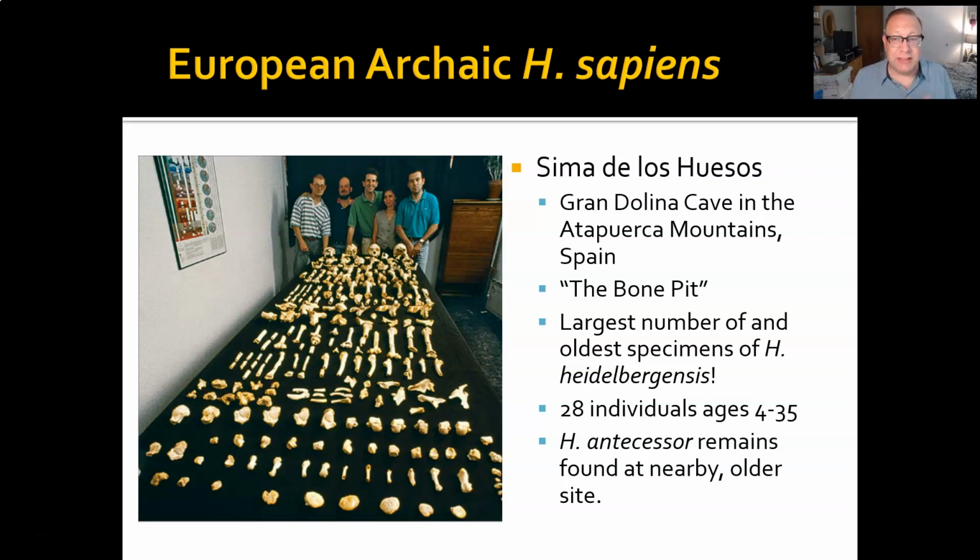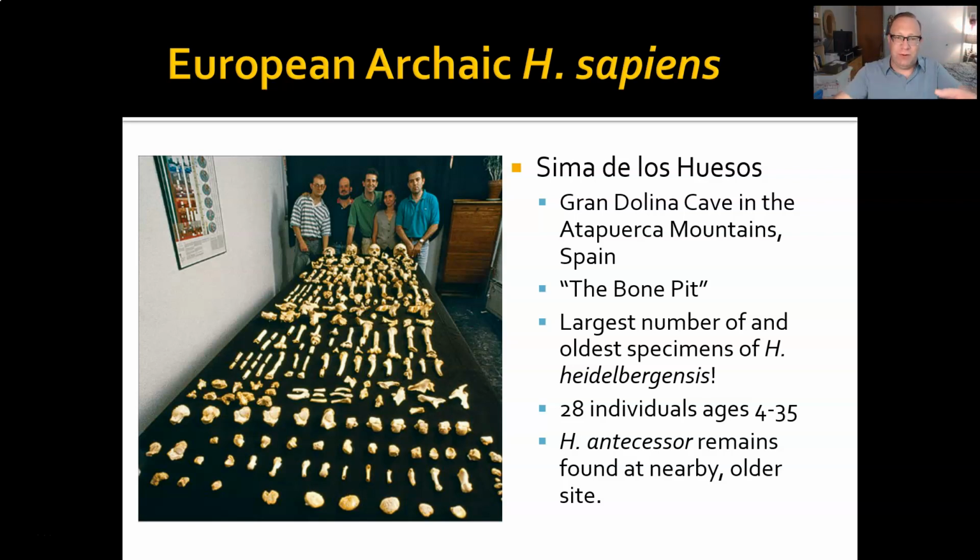And that is because it was basically a pit in the cave system. So you have the caves coming along like this, and then all of a sudden there's a steep drop off. And people were disposing of the dead by putting them down this pit.